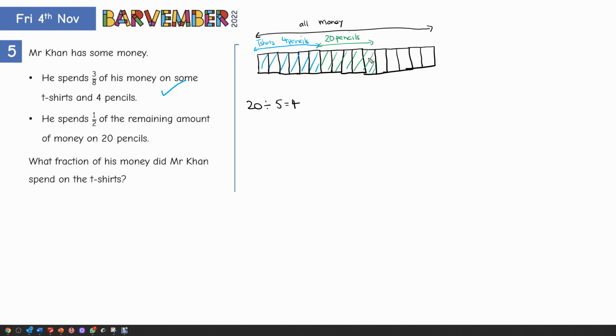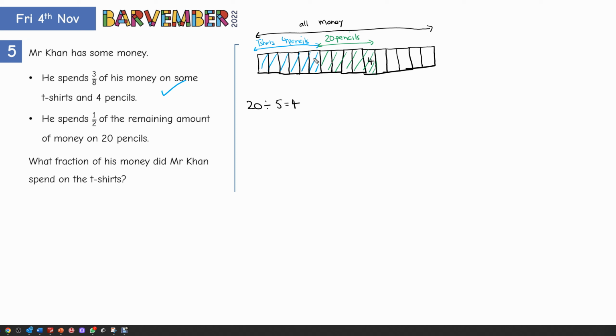Okay, so we now know that 1/16 of the amount of money is enough to buy you 4 pencils. So each of these could have a value of 4. I could write that in there. Now 4 rings a bell because we had 4 pencils here. Of this block of money, 4 pencils was purchased.